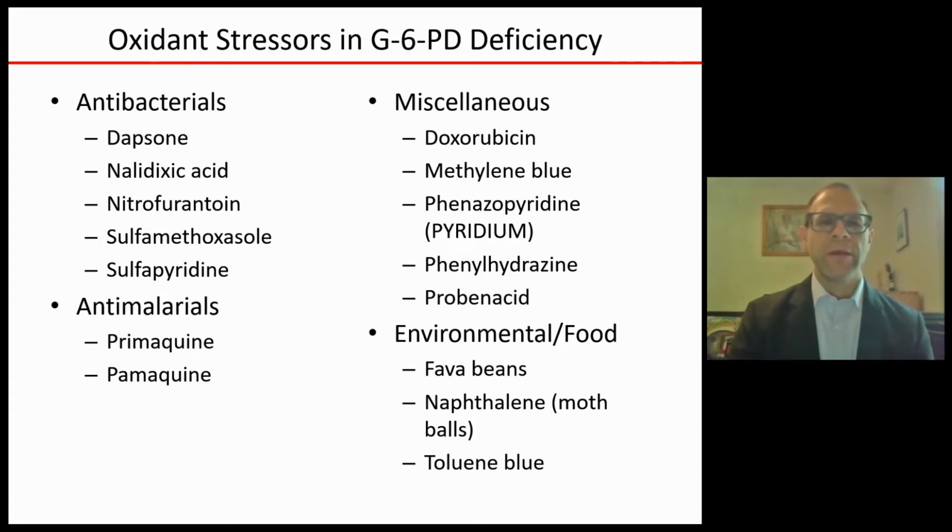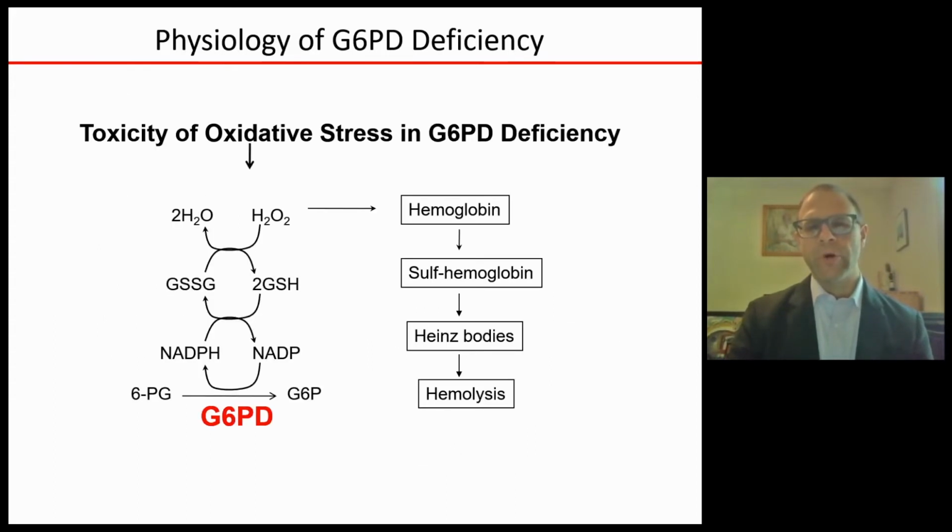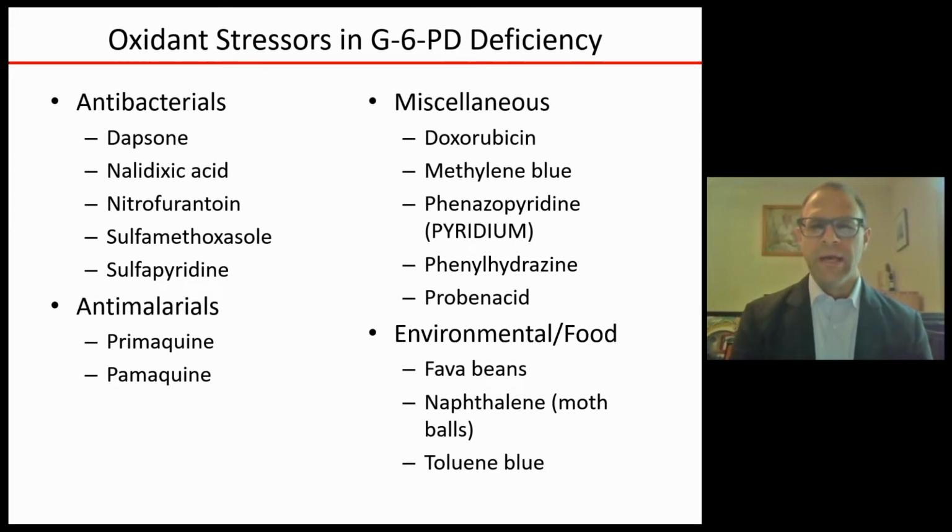The treatment is mostly supportive with red blood cell transfusions as needed. I think it is important to point out that methylene blue is a trigger for G6PD hemolysis, not a treatment. We do use methylene blue for treatment of methemoglobinemia. That's something different.